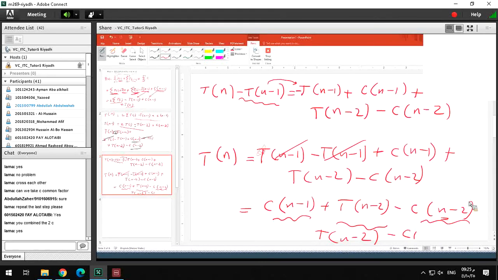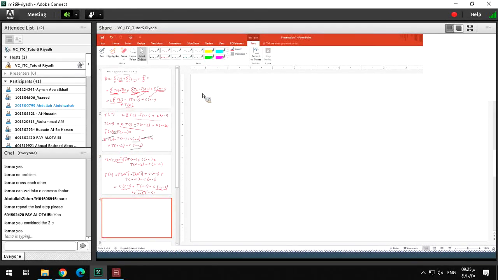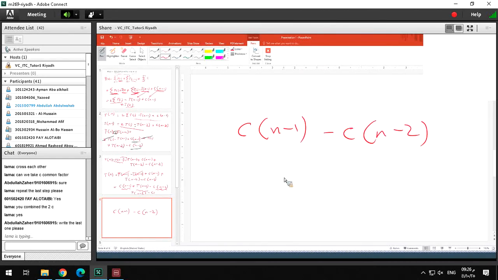If you want to consider C as a common factor between n minus 1 and n minus 2, let me find it here for you. Here we have C(n minus 1) minus C(n minus 2). So in general, if you have the C, okay, you got it?